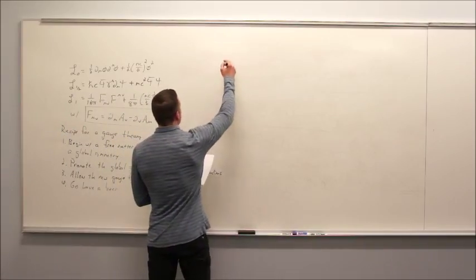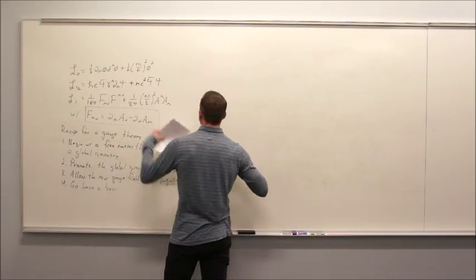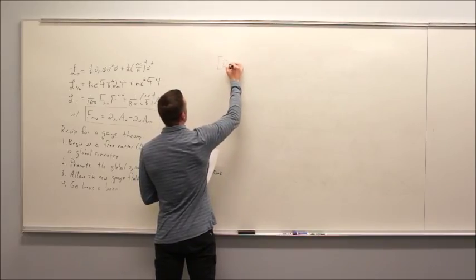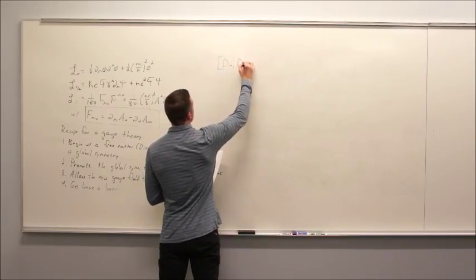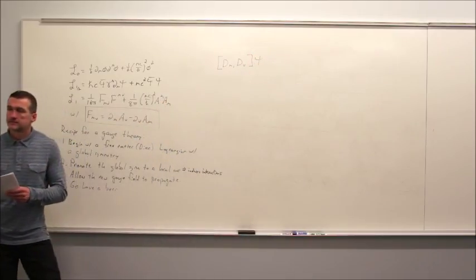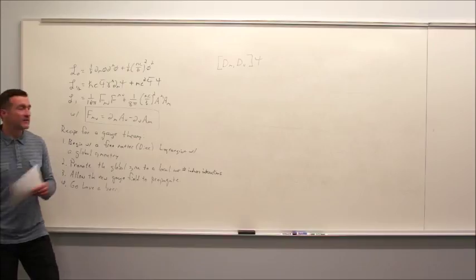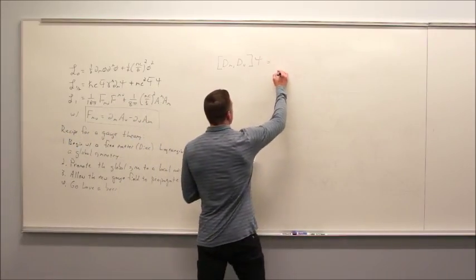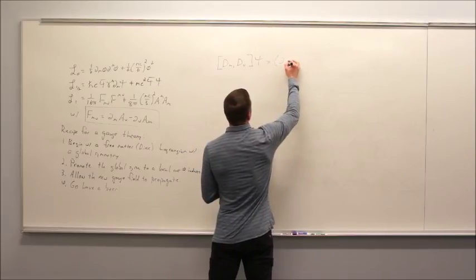So one way of actually figuring out what the form of this should be is to take two covariant derivatives and form their commutator. And let me show you that this reproduces this. Okay? So for this case, we know what the covariant derivatives are.